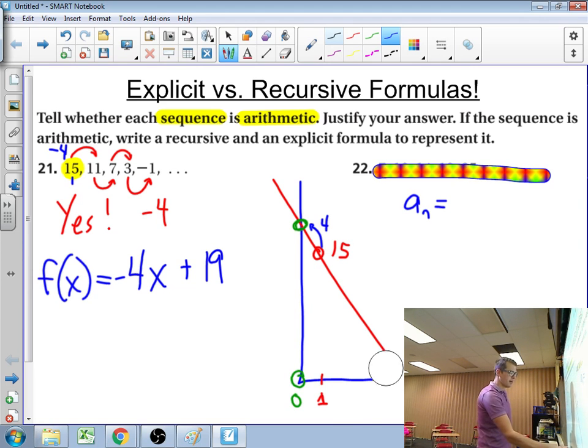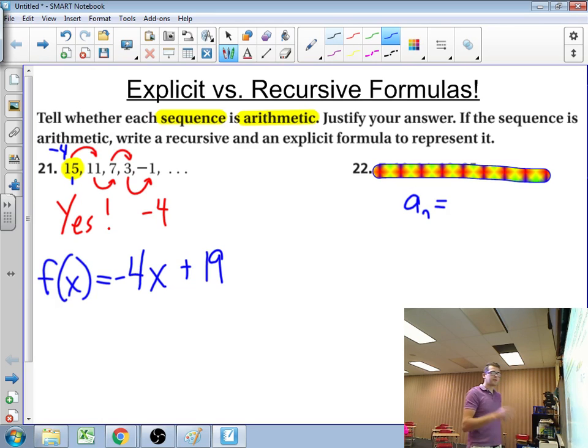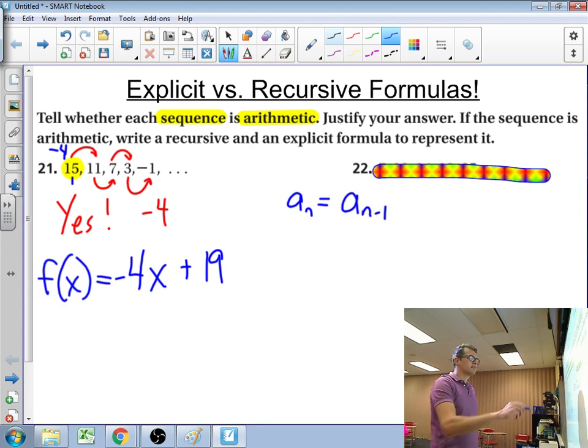Now when we talk about a recursive formula, it is going to reuse a previous value. So when we start thinking about a recursive, it's going to use the previous term. So it's going to be some manipulation of that previous value. So I could either add or subtract, or there might be something multiply it out here. That's what we have to figure out when we're looking at that recursive formula.